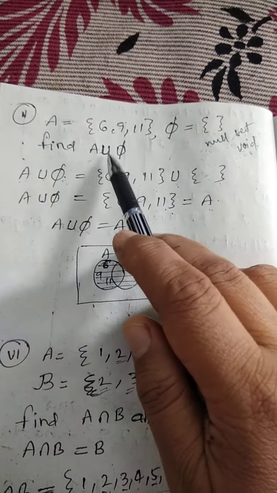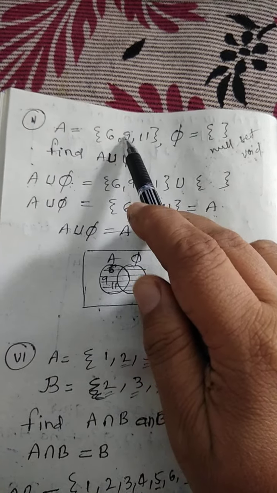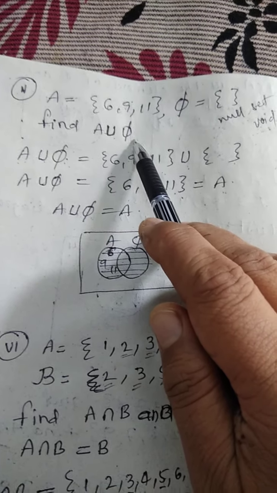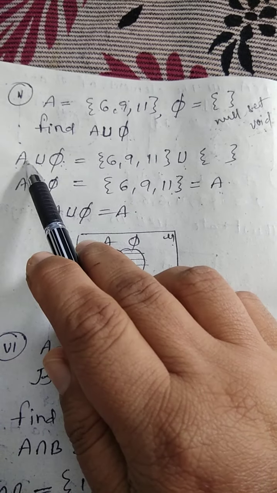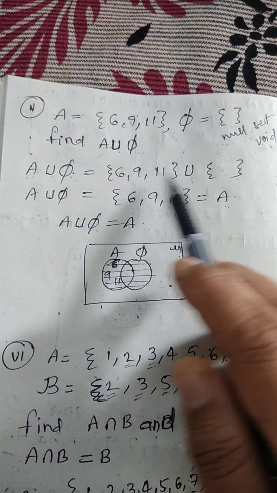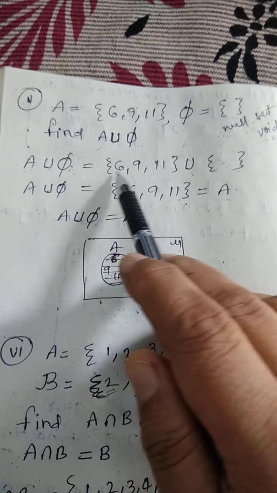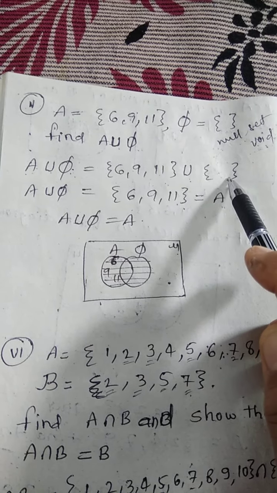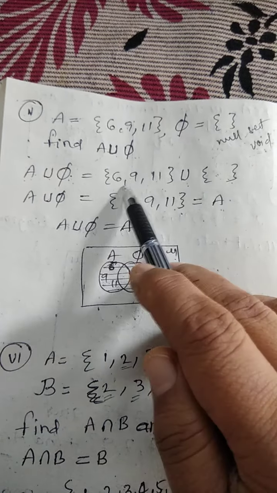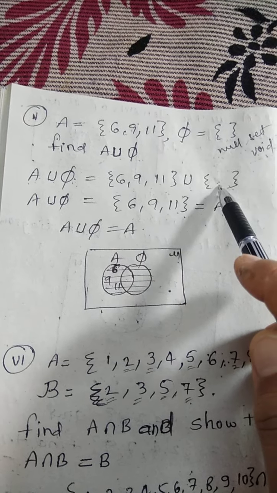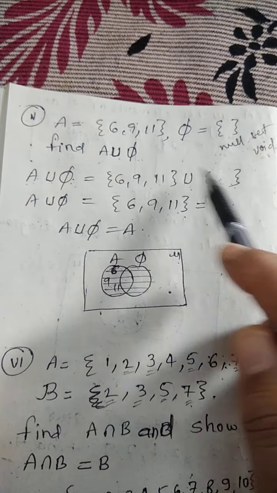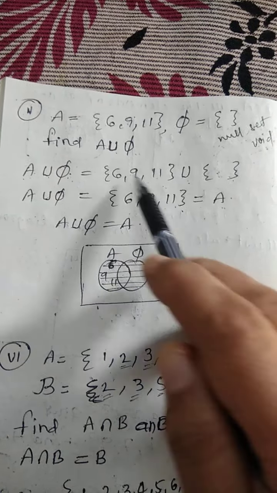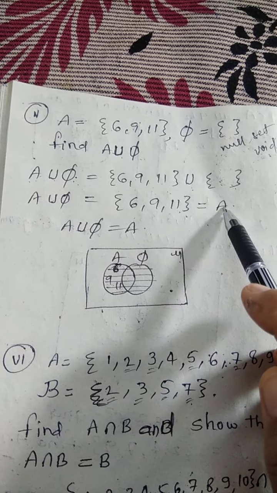Here they are asking to find the union of set A with the empty set. Okay, so union, how to write it? Note down set A, then put the union sign, then the empty set. In the empty set there are no elements. So if you combine them, you will get the same set A.